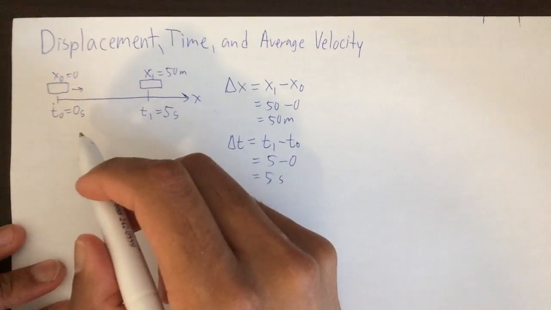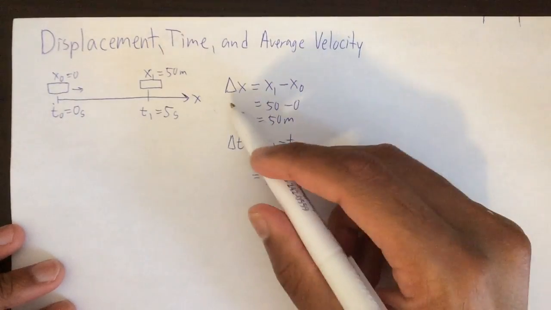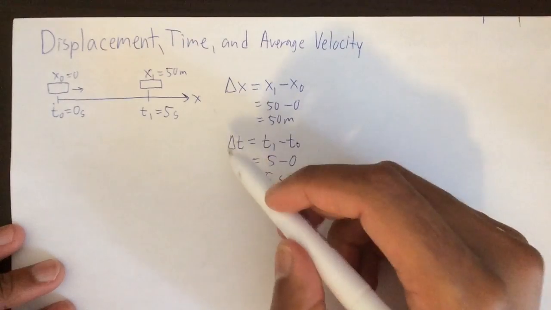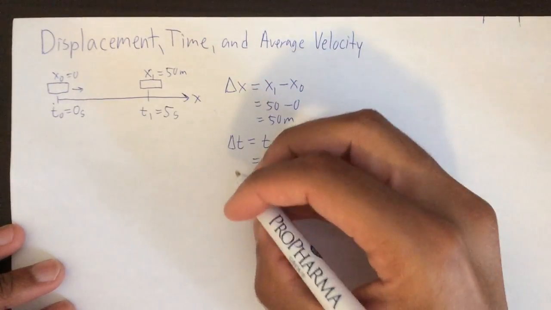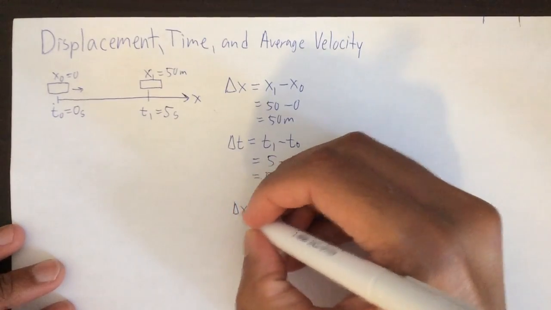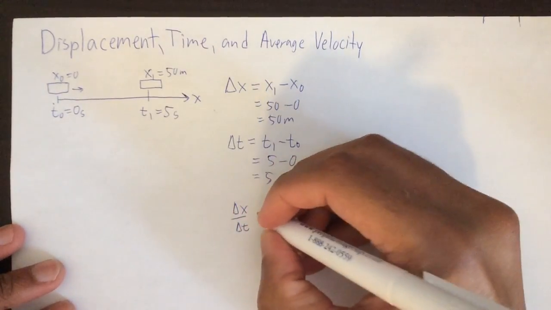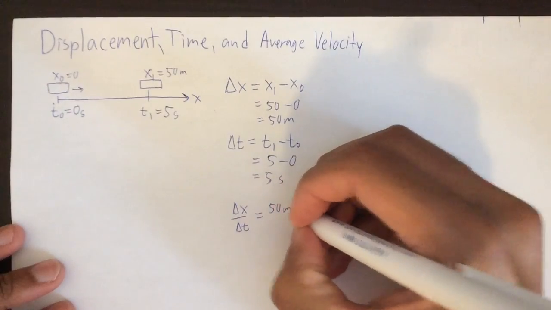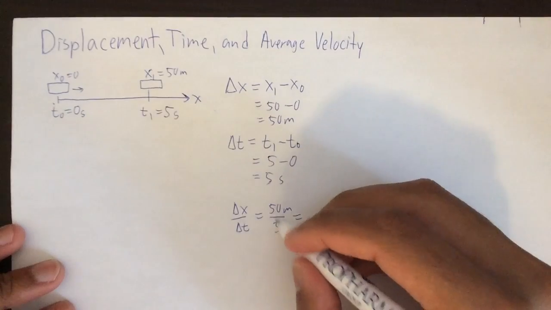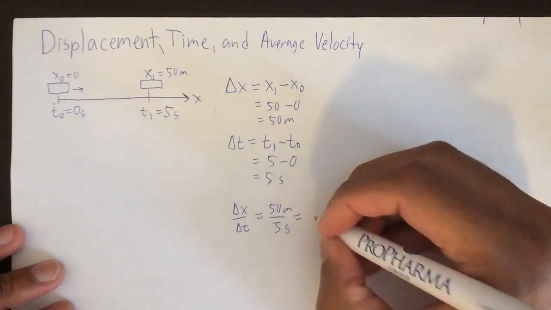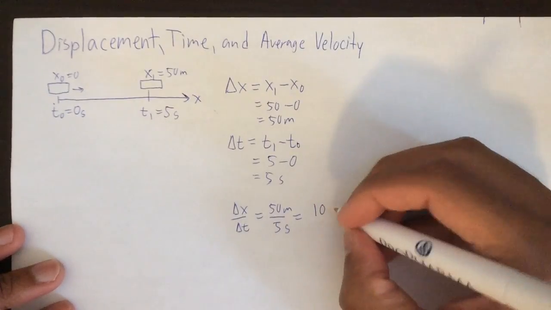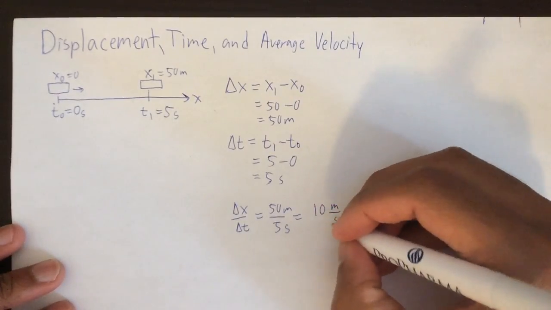So this process involved a change in displacement and a change in time. So if we divide displacement by the change in time, which will look like delta x over delta t, we get 50 meters divided by 5 seconds, and 50 divided by 5 is 10 meters per second.